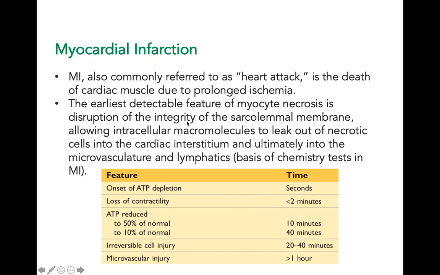So the earliest detectable feature of myocyte necrosis is disruption of the integrity of the sarcolemmal membrane, allowing intracellular macromolecules to leak out of necrotic cells into the cardiac interstitium and ultimately into the microvasculature and lymphatics, which is the basis of your chemistry test, yung mga cardiac markers natin, troponin, CKMB, which I think na discuss na to sa clinical chem.